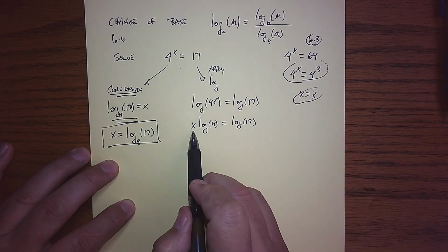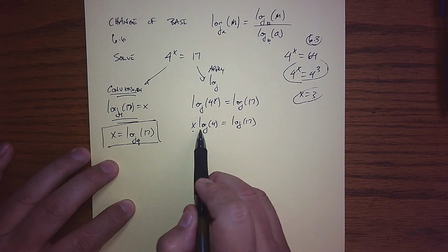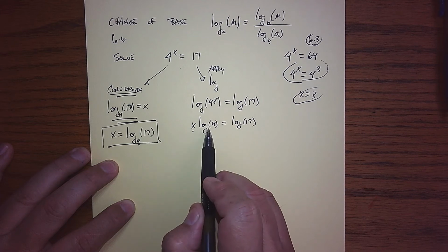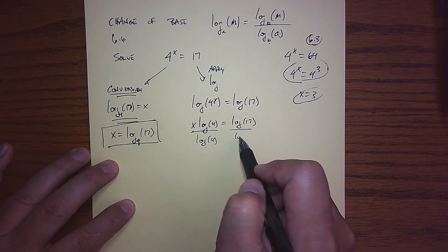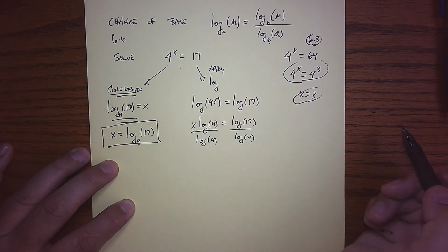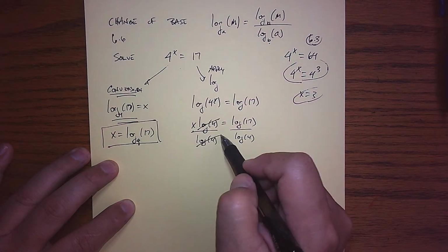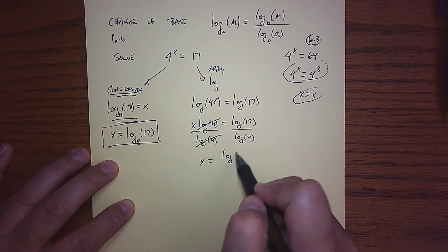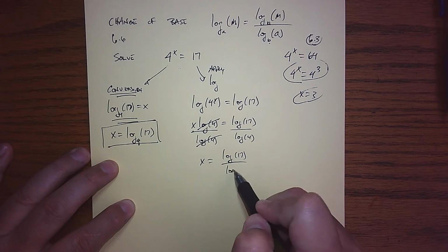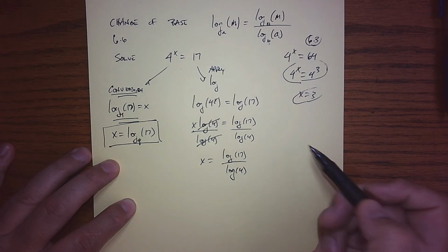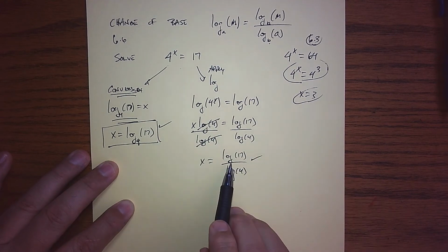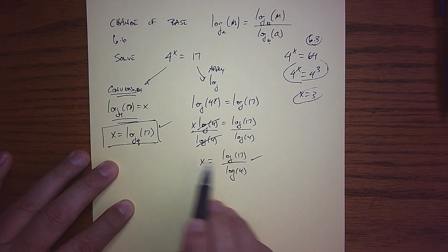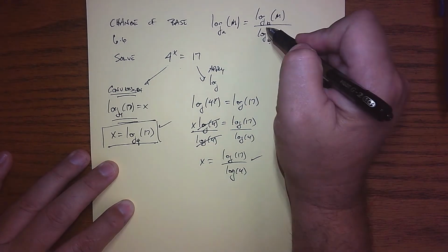Then to solve for x, we have to recognize that log of 4 is a number, so I can get x by itself by dividing both sides by log of 4. Over here it cancels out, and we get log of 17 over log of 4. Bigger picture, that means that this and this are the same, and it's basically our change of base formula with base 10. We went from base 4 to base 10. Of course, it could apply to any base.